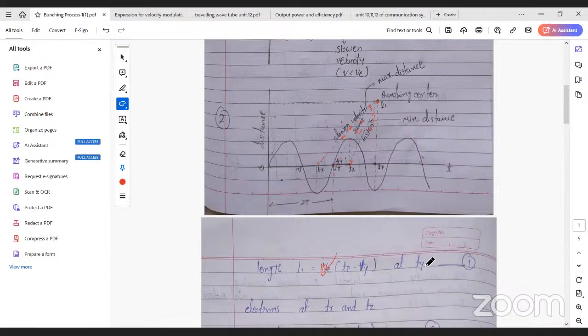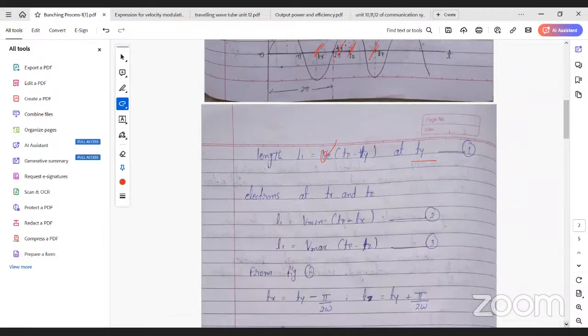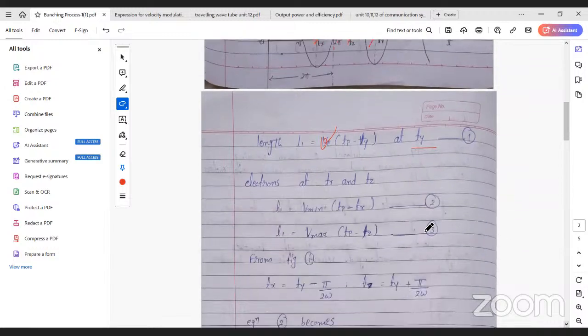This equation is across Ty. This is the Tx point, Ty point, this is the Tz point, this is Tp. The length equation across Y is V times (Tp minus Ty).